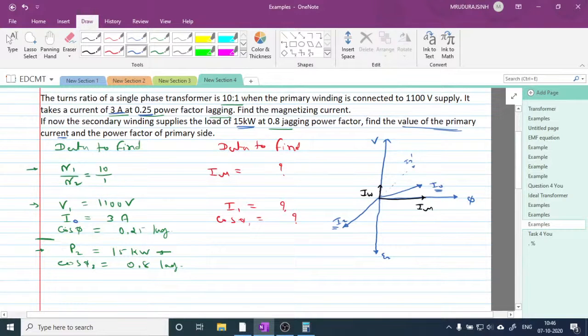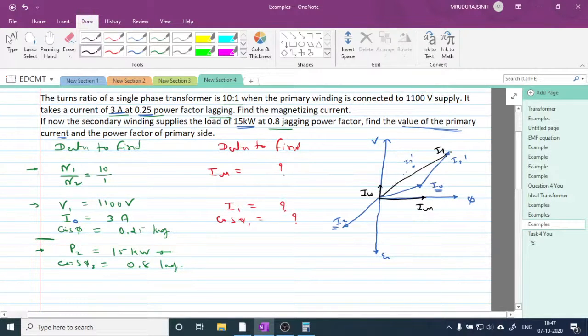So this is our I2, right? We'll call it I2 dash, and the vector summation of I2 dash and I0 gives us I1. So what data do we need to find? We'll just make it red.